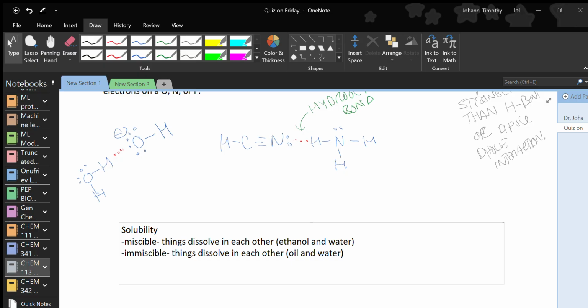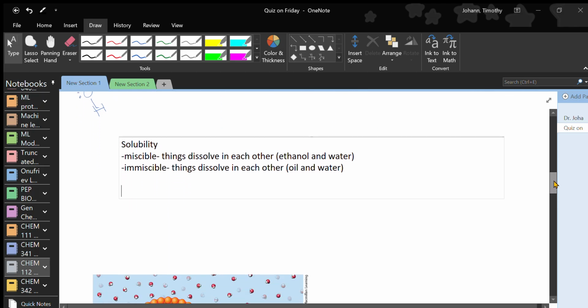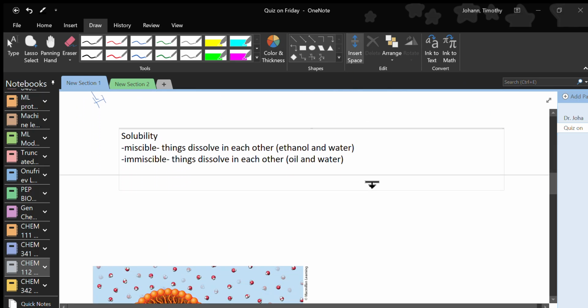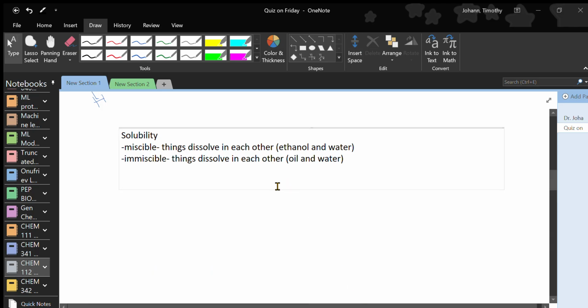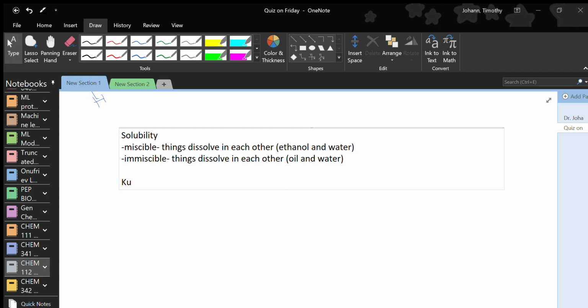And in terms of solubility, we'll have some math later, but we have kind of a rule in chemistry that like dissolves like. What I mean by that is polar molecules are going to dissolve in polar substances, and nonpolar substances dissolve in nonpolar substances.